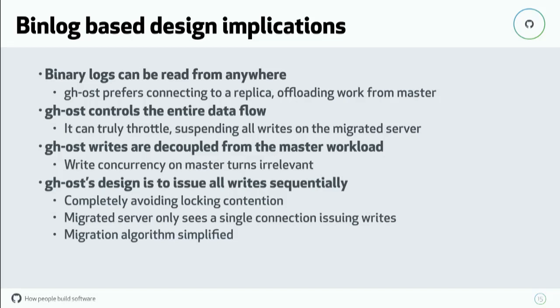But, yeah. Have you measured a difference between pointing Ghost at the master bin logs versus the replica? The question is, have I measured a difference between pointing Ghost at the master versus the replica? And the answer is no. Have not thought to measure that. Because, two points, right?